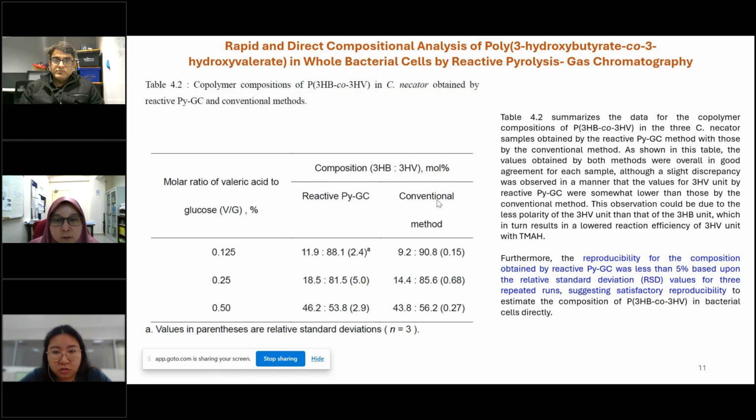In contrast to conventional methods, where we need to do sample extraction and depolymerization, by using reactive PYGC we can directly analyze the bacteria cells without any kind of sample pretreatment.